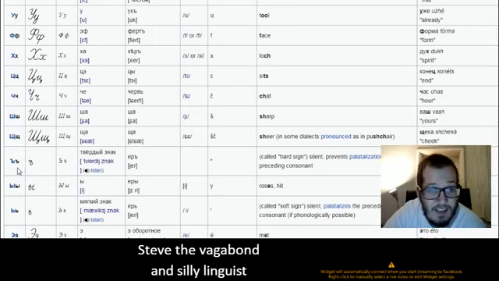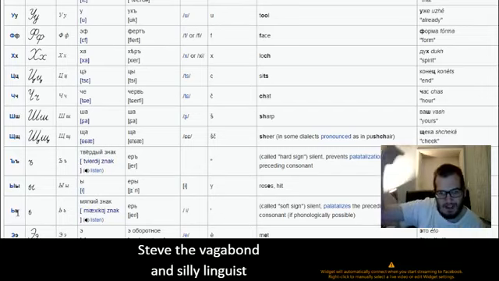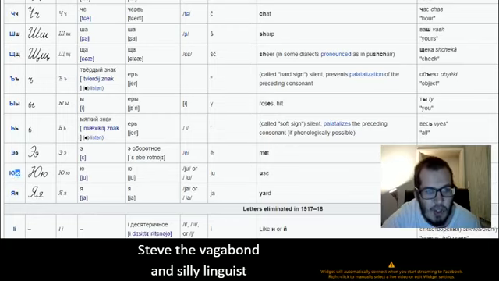This is the hard sign, the hard sound, because it's got a dash. This is the I sound. This is the softened sound. It palatalizes, so it adds a Y sound. This is yu. Okay, so this is E, yu, and ya.